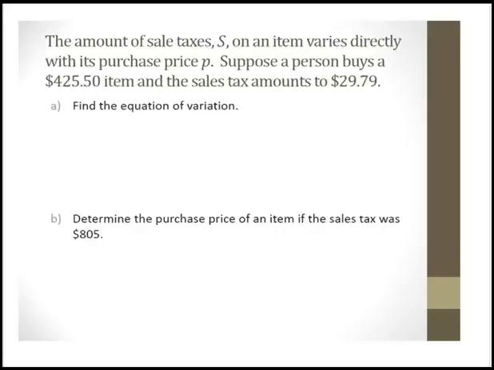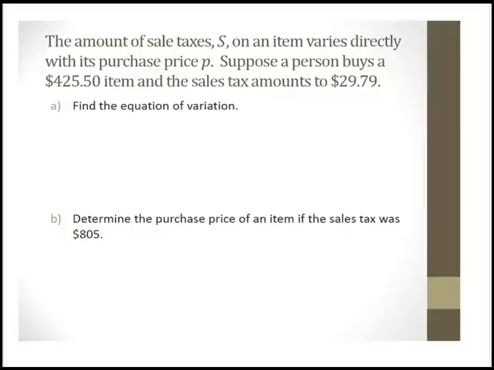Let's see an application. The amount of sales tax, S, on an item varies directly with its purchase price, P. Suppose a person buys a $425.50 item, and the sales tax amounts to $29.79. We're asked to find an equation of variation and to determine the purchase price of an item if the sales tax was $805.